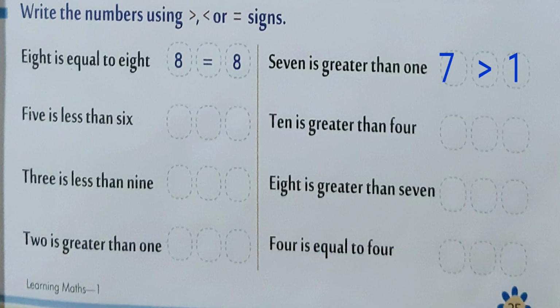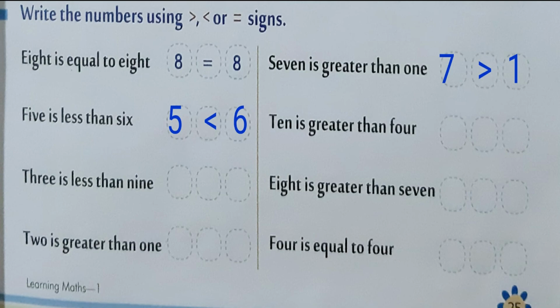Five, 5, is less than six, 6. 5 is less than 6. So write 5 and lesser than sign and 6. 5 is lesser than 6.